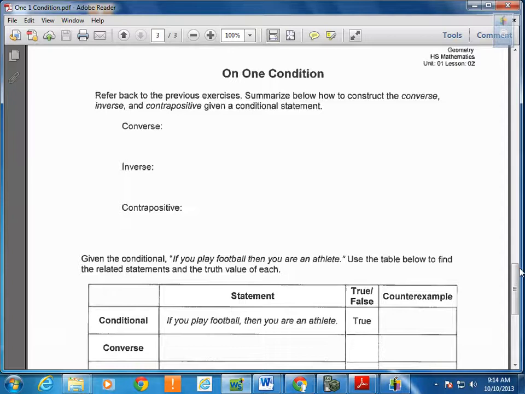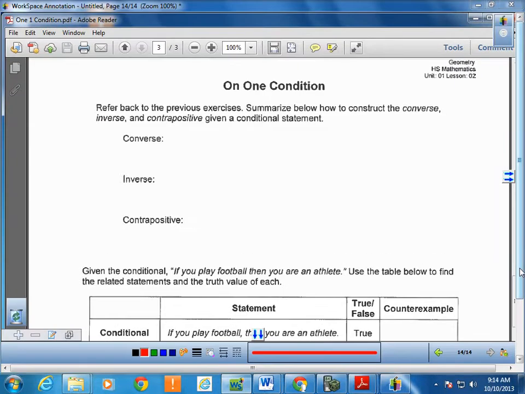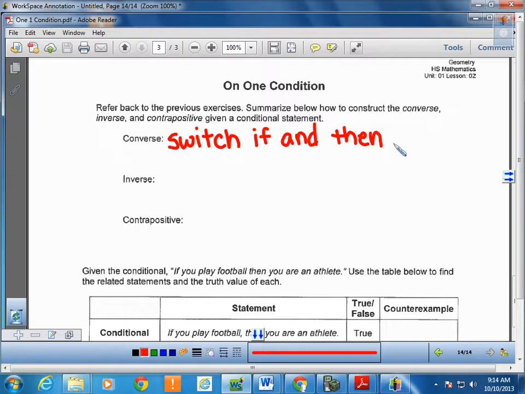So what we're going to do here is actually get the definition. Your converse is where you switch your if and then. For example, they said if you live in the U.S., then you live in Texas.